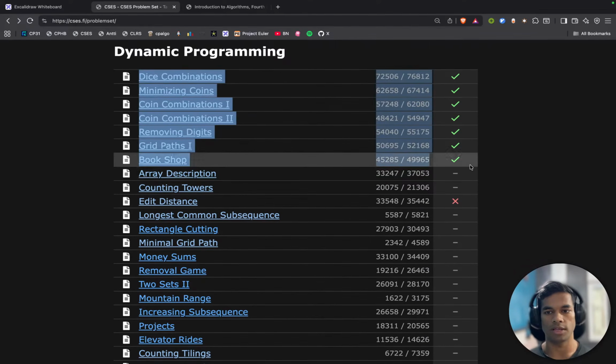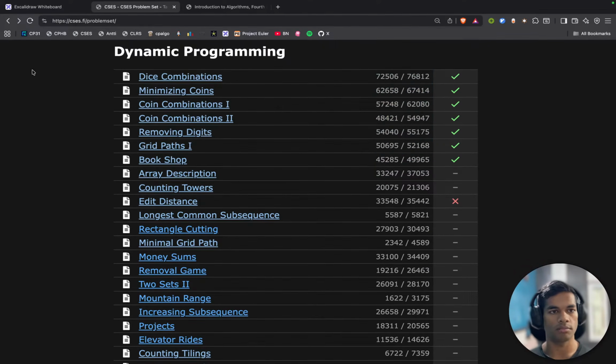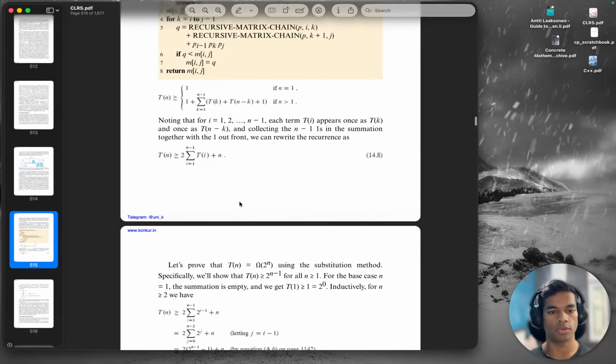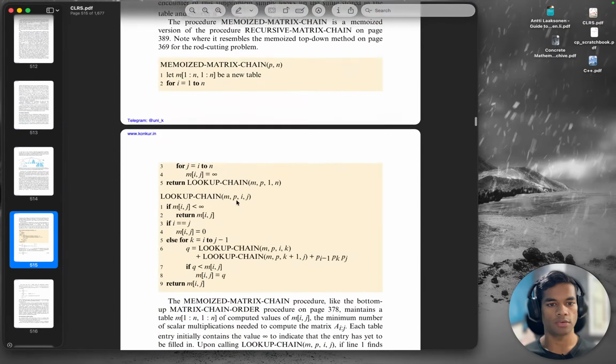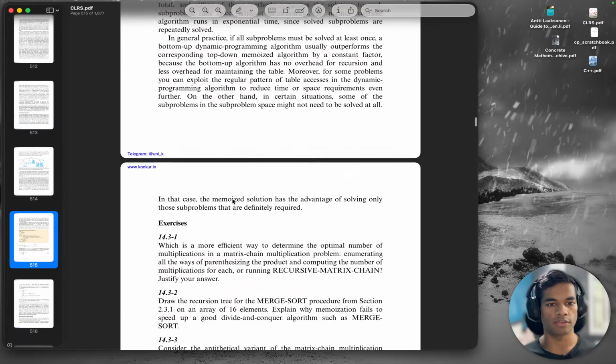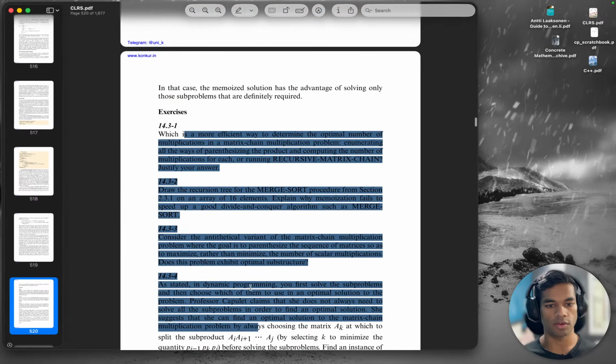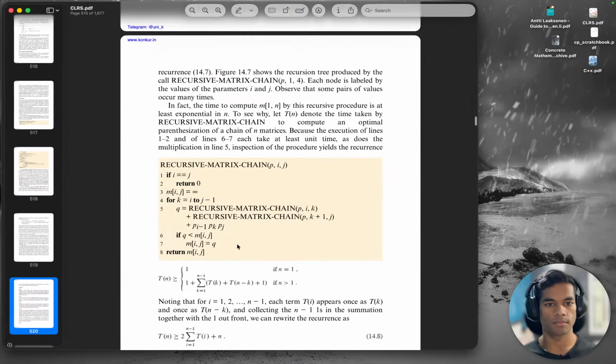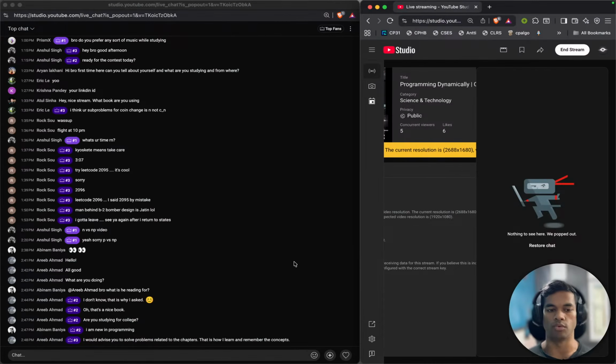I have solved these till now only, but I will also solve more when I've gone through these things. And also at the end of this section, there are some exercises which I will solve today in the stream. So that would be cool. And practicing is pretty cool. And thank you for the advice. And I'm not studying for college.